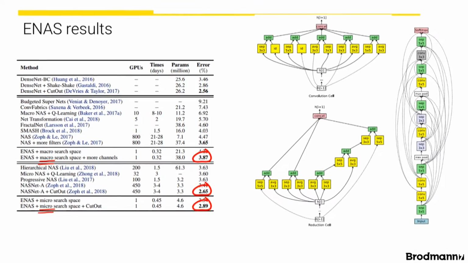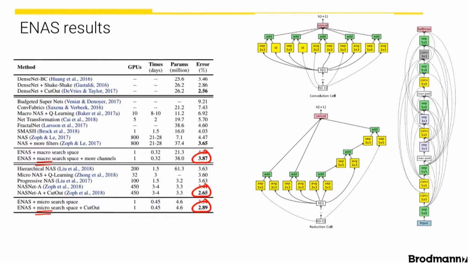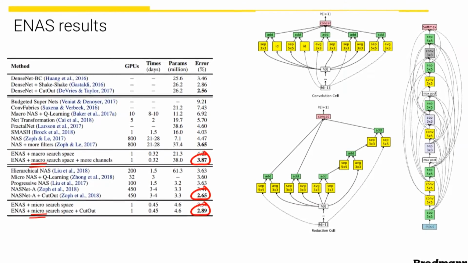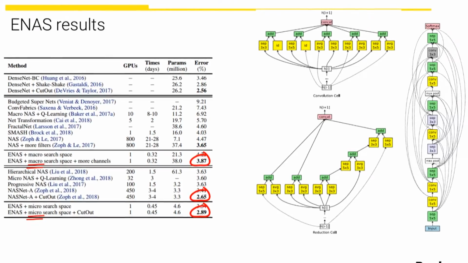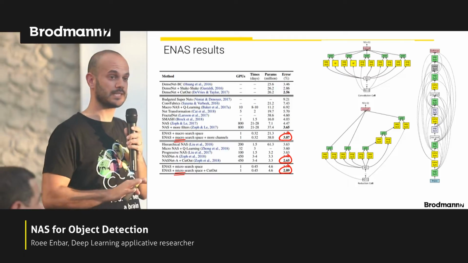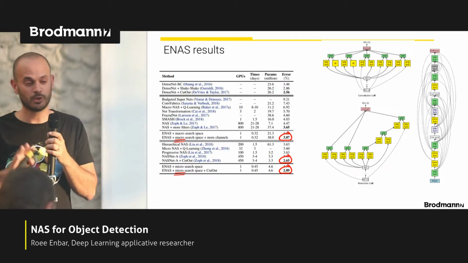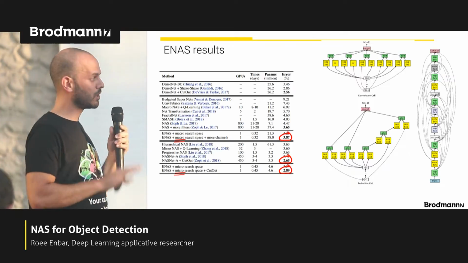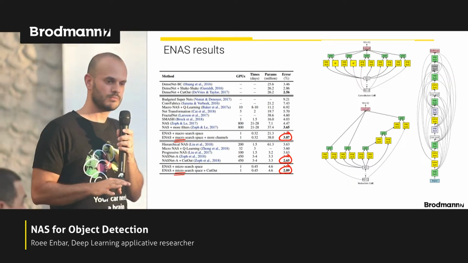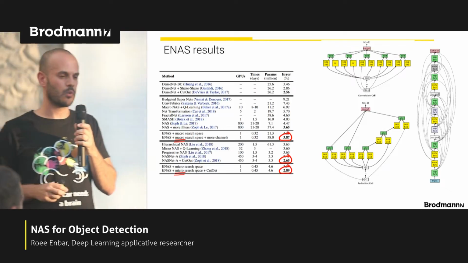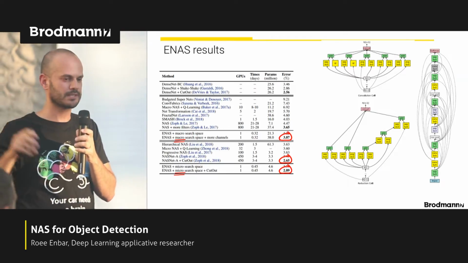I hope you can see some numbers. The results are pretty impressive, if you can see. If not, you have to trust me. So they show, first of all, that using the smaller cell space, which is already only on the order of 10^15 in size, is better. Navigating this smaller space is easier, even though it's smaller and possibly the best model is outside of the space.